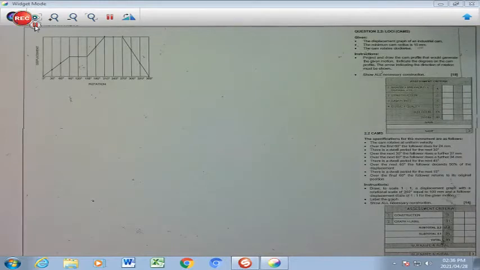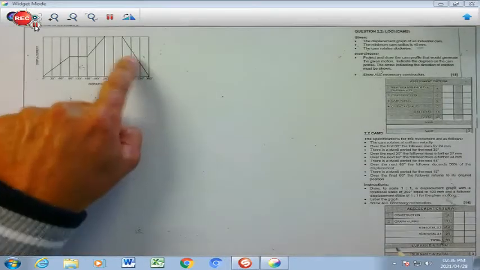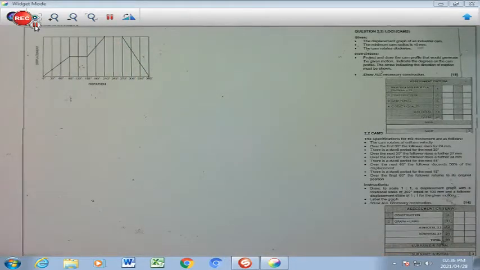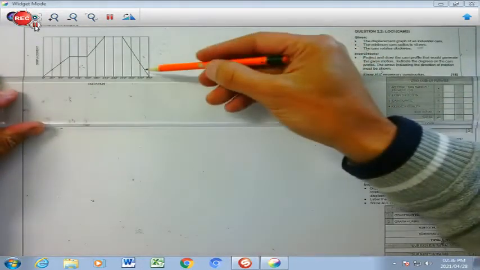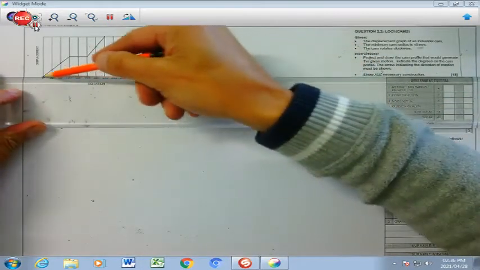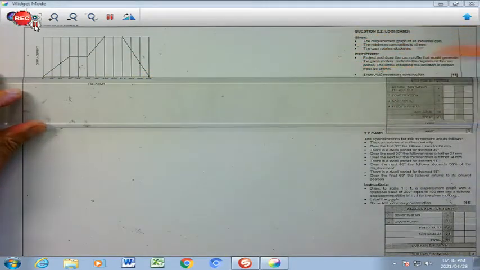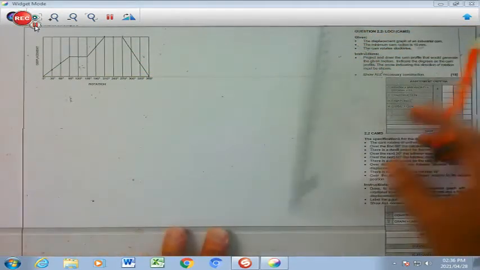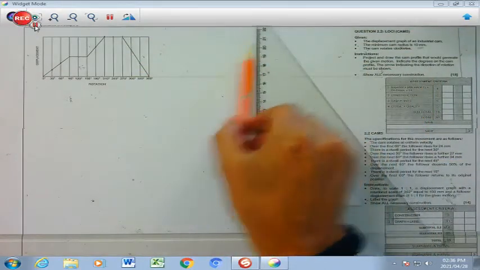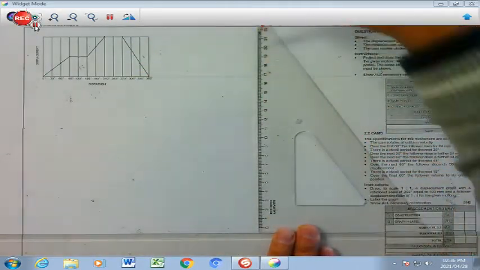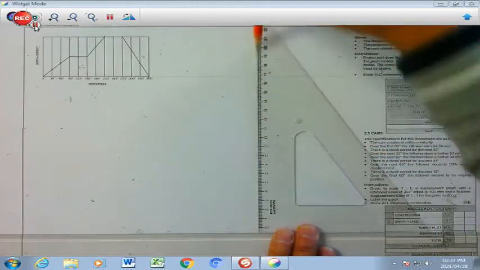Immediately after I've plotted my points clearly on here, I'm going to draw a line from the bottom of my cam displacement diagram faintly across like that, and then I'm going to create a line perfectly in the center of this space here, very faintly like that, right down.